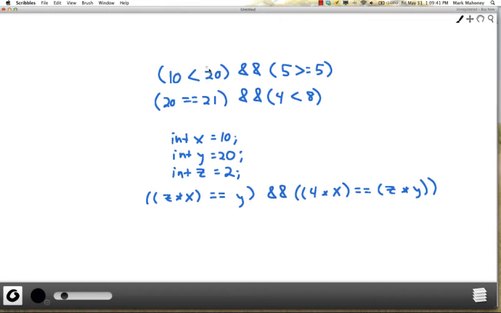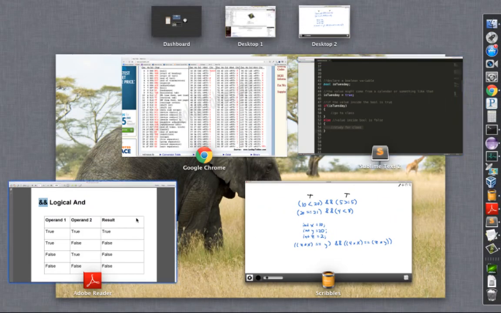That is a logical expression that's going to evaluate to true or false. 10 is less than 20. And is 5 greater than or equal to 5? That happens to also be true. So the operator is and, and the operands, in this case, are two true values.